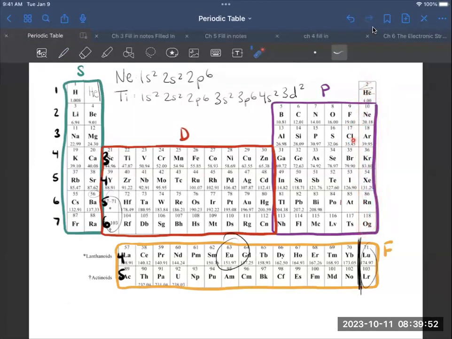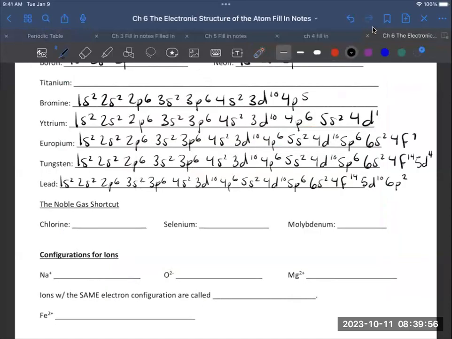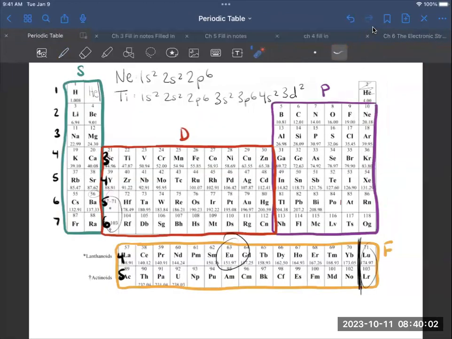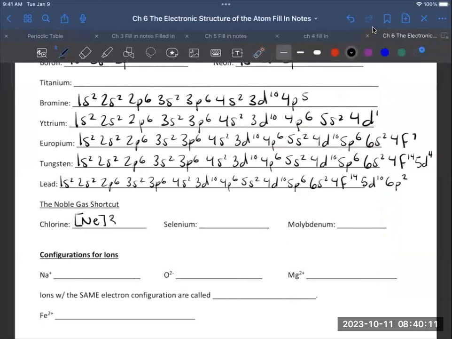The one that comes before chlorine is neon. So what we're going to do is put neon in brackets, and then we only pick up from after neon. So after neon, to get to chlorine, we go to 3s2 and then 3p5. So it's way, way, way faster.